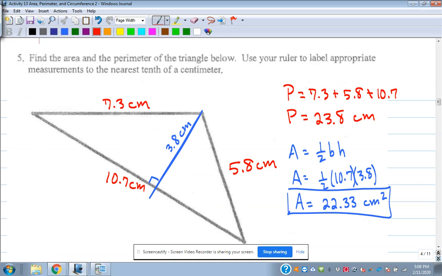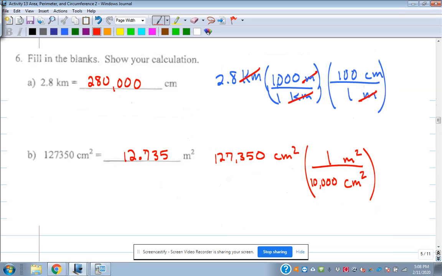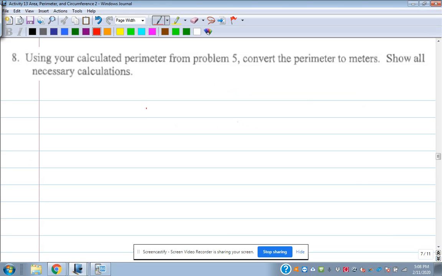Problem 5. Convert our perimeter into meters. Well, that's a straight step, right? How many places do I move the decimal? It was, I got, was it 27.8? 23.8. And to convert it into meters, 2 places to the left, 0.238 meters.